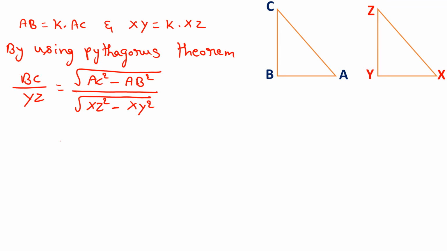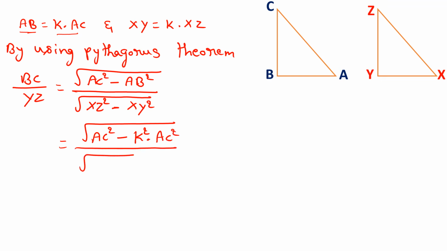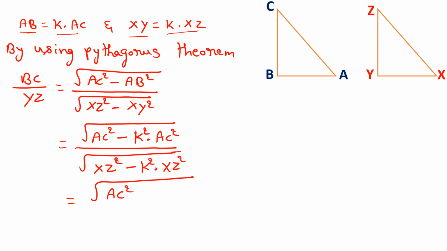Already we know AB equals k AC, so we substitute that in place of AB. AB square means k square into AC square, by root of XZ square minus XY square, where XY equals k into XZ, so we substitute k square into XZ square. Look here, root of AC square is common, so we take AC square common.